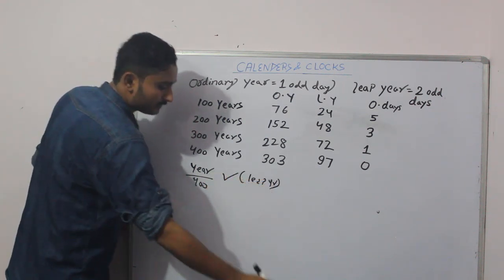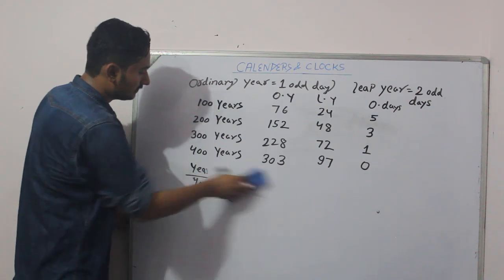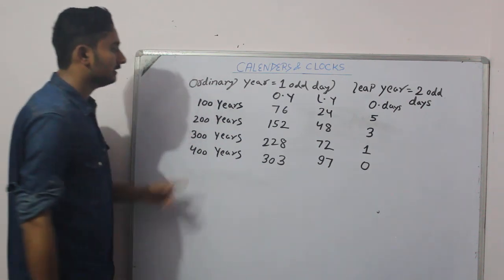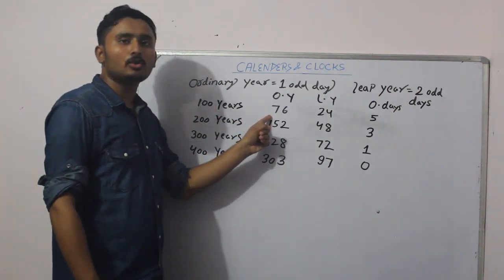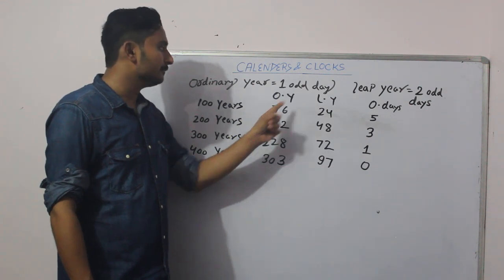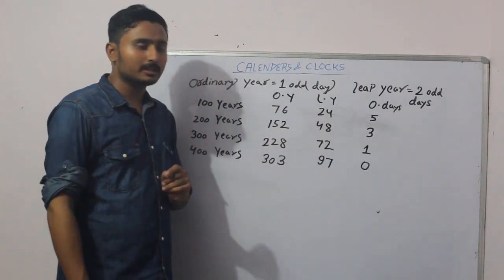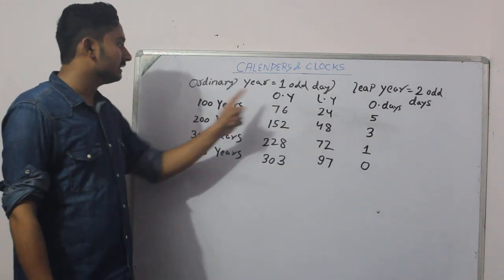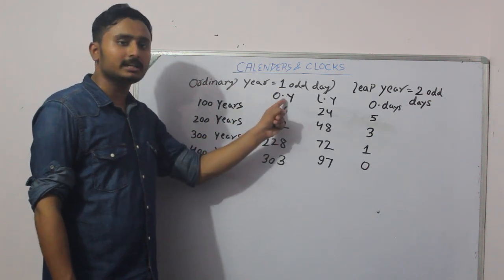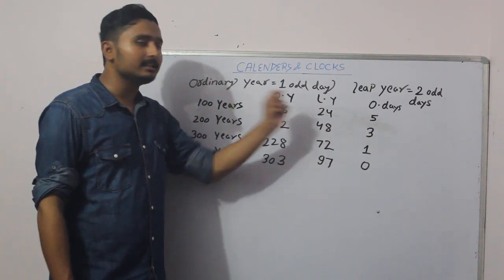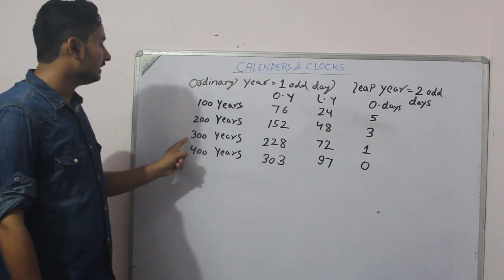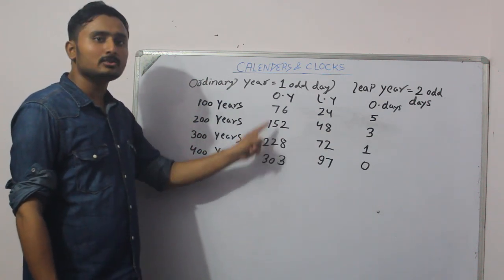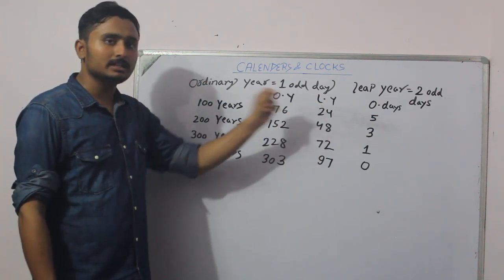In 100 years, we have 76 ordinary years and 24 leap years. In 200 years we have 152 ordinary years and 48 leap years. In 300 years we have 228 ordinary years and 72 leap years.